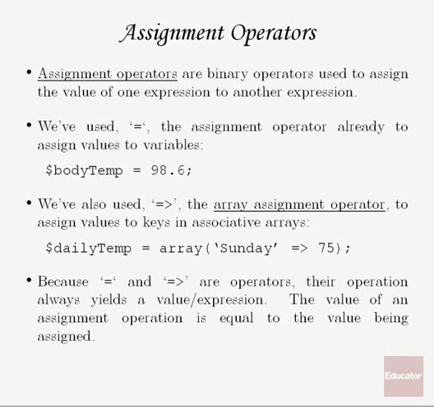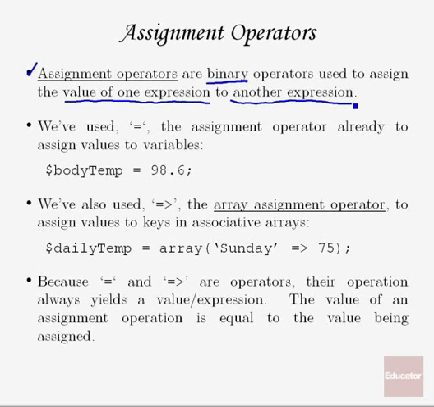The first operator we're going to specifically talk about is the assignment operator. This is actually something we've already been using in our code. We've already been using an operator and maybe didn't even realize it. An assignment operator is a binary operator, and as you know, it's used to assign the value of something to a variable, for example. In operator parlance, it's assigning the value of one expression to another expression.